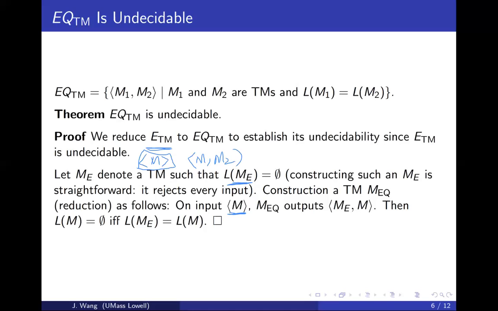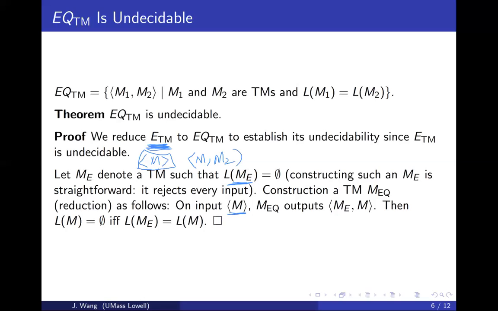Then, if the encoding of M is in E sub TM, L of M is equal to the empty set, meaning M rejects everything.